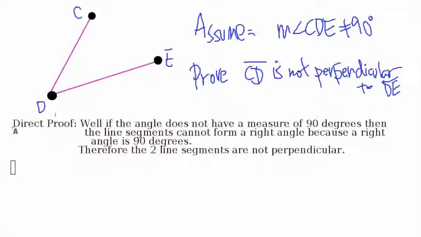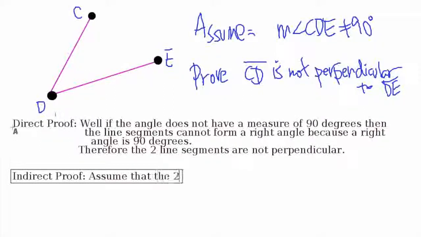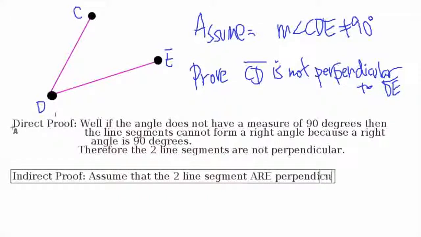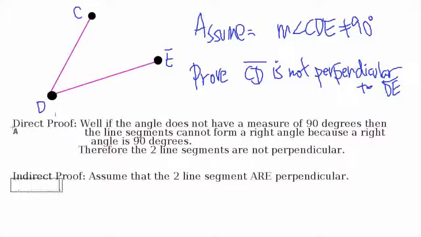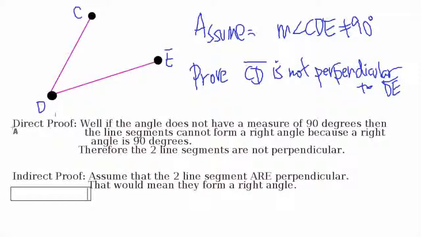Okay, now let's do an indirect proof. And you're going to remember we assume the opposite of what we're trying to prove and show that leads to a contradiction. Okay, so assume that the two line segments are perpendicular. Okay, so now let's play with that. That would mean they form a right angle, right? And now we keep spelling out our reasoning.